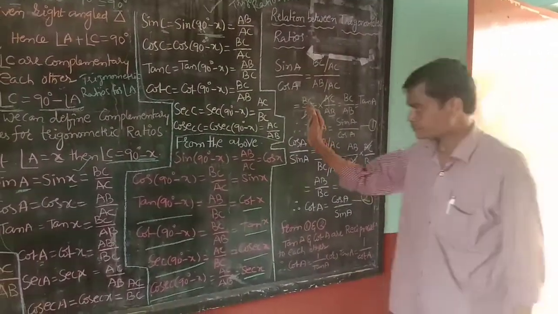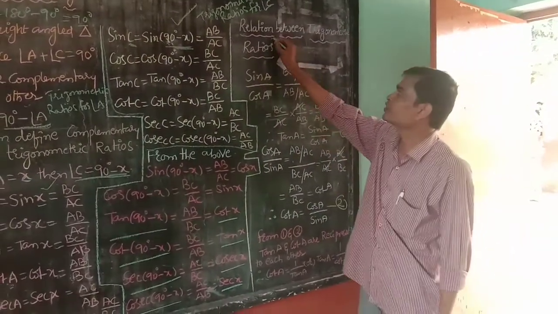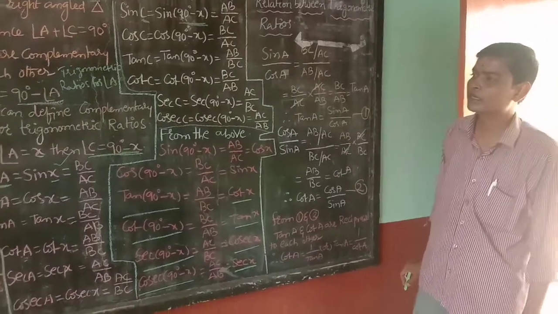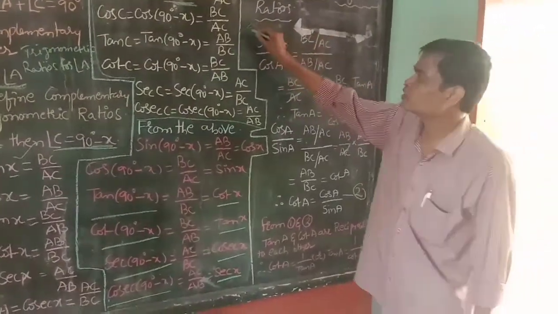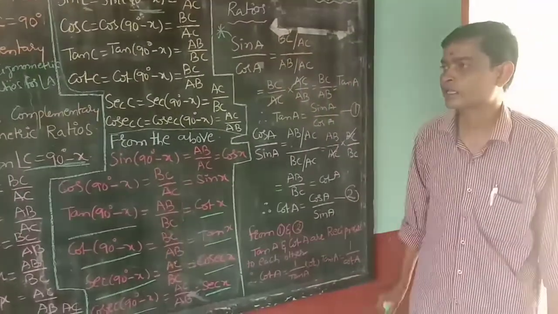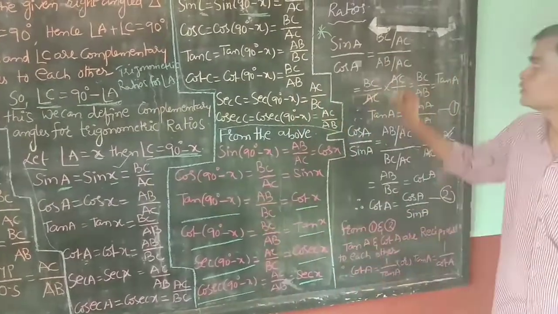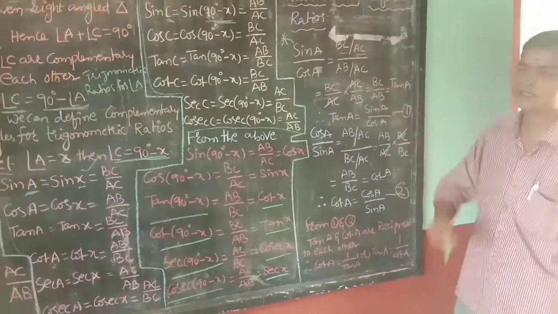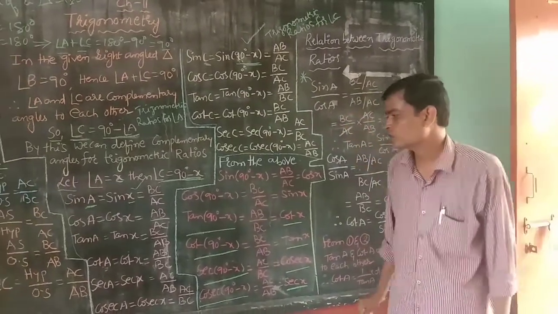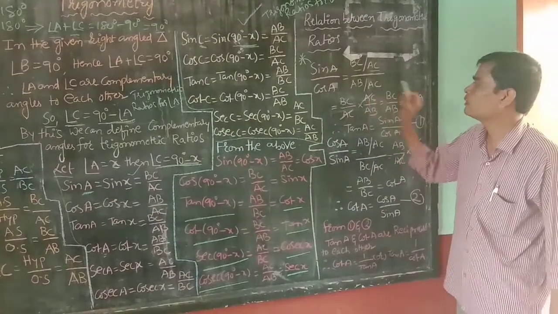So if we come to the next part, the relation between trigonometric ratios. The first one here is sin A by cos A. What is sin A? Sin A is BC by AC, so I wrote BC by AC divided by cos A. Cos A is equal to AB by AC.